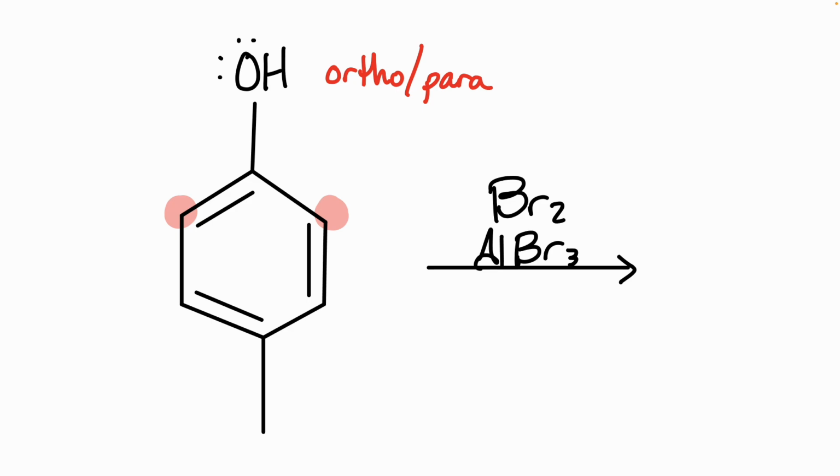What is that? Ortho-para or meta-directing? That's also ortho-para. Which means it wants to direct an incoming substituent to the positions that are ortho and para to that alkyl group. So these positions right here, again, the para position's blocked off, but it wants to direct to the positions that are ortho to the alkyl group.